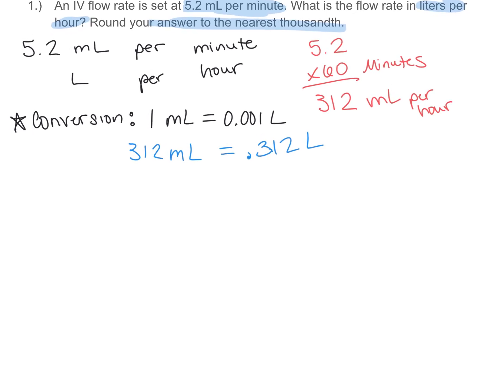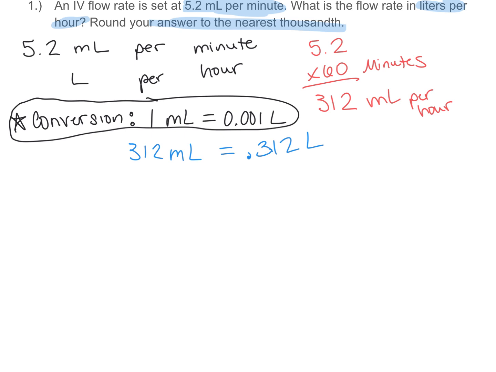That is just a simple approach. If I want to set up a proportion, I sure can, and you do set up proportions for other problems, so I'll show you what it would look like. The other way is to use your conversion to create a proportion. I know that 1 milliliter is equal to 0.001 liters, and that goes on my left side.